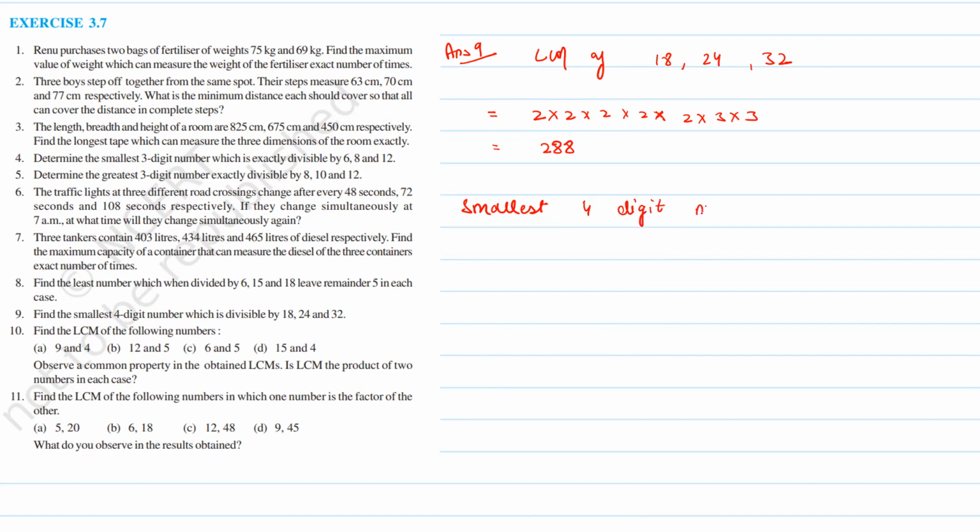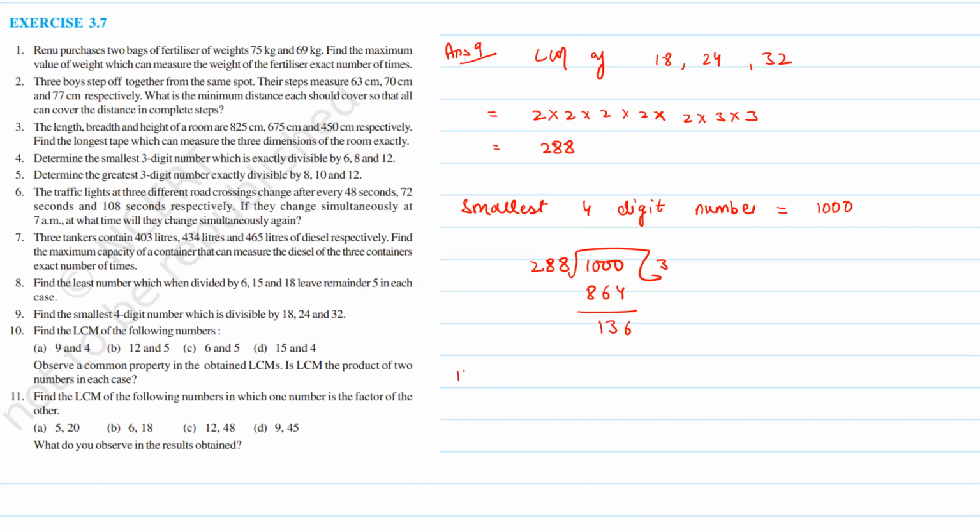Smallest 4-digit number is 1000. Divide 1000 by 288. It will be 3, which is 864, giving you remainder as 136.